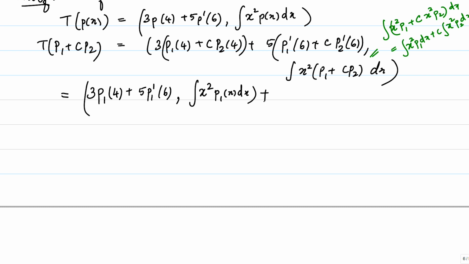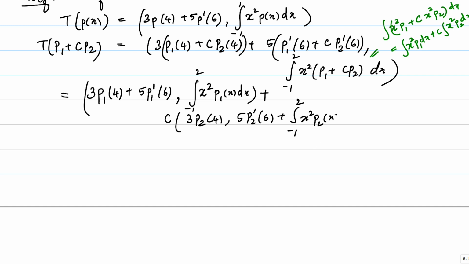plus the C now can be pulled out in common: 3 times P2 of 4, 5 times P2 prime of 6 plus the integral from minus 1 to 2, yeah, all those are minus 1 to 2, of x square times P2 of x dx, and we are done because this is equal to T of P1 and this is T of P2.